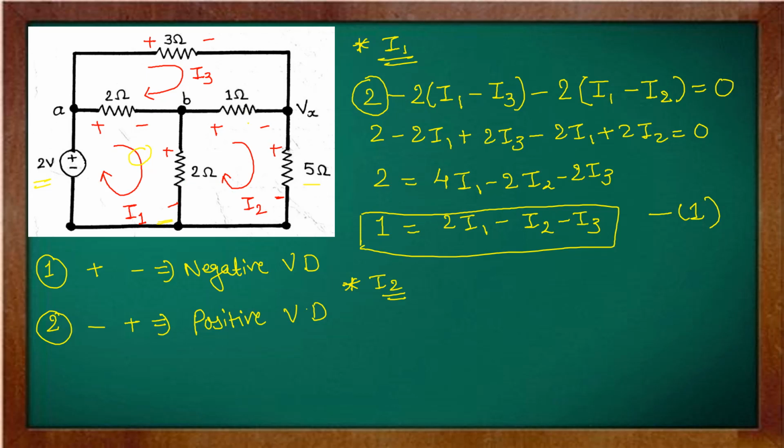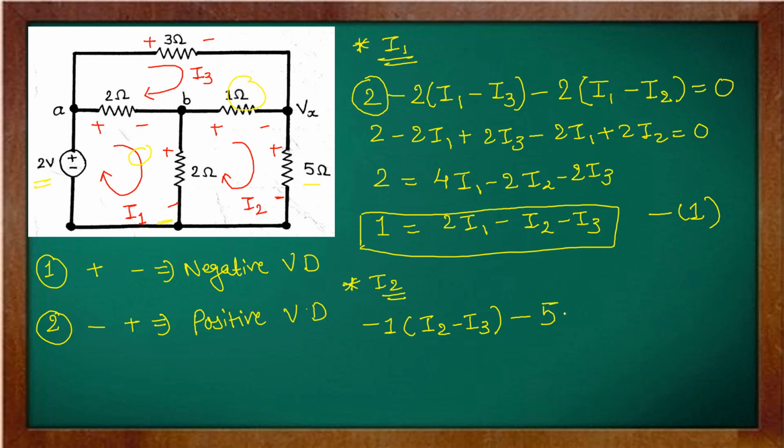Now for I2, there are again three different elements. Let's start with this 1 ohm. Polarity is from positive to negative, first case, so minus 1. I2 is entering from the positive and I3 is entering from the negative. Now the 5 ohm is part of only one loop, I2. See the polarity positive, negative, so the voltage drop is negative.